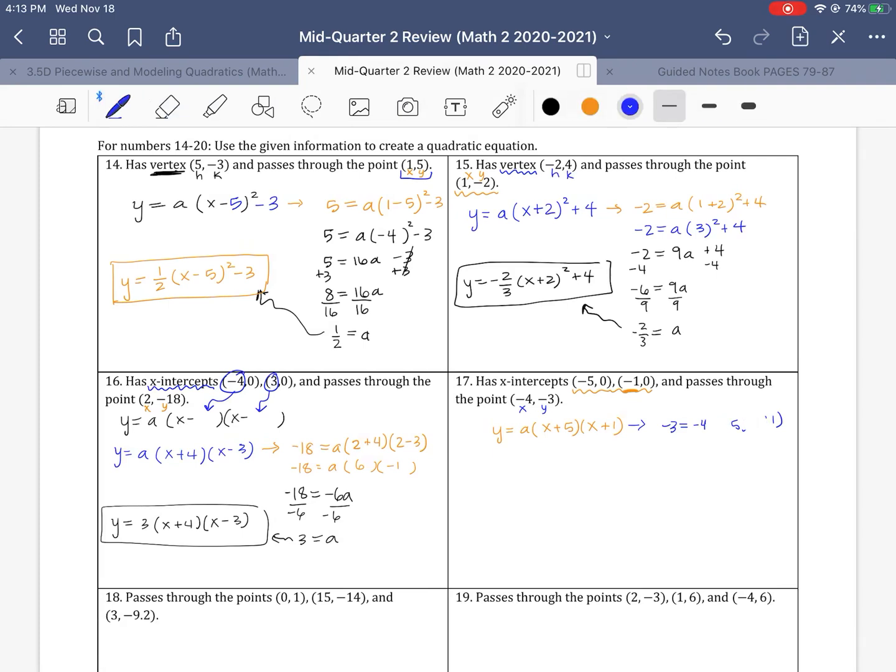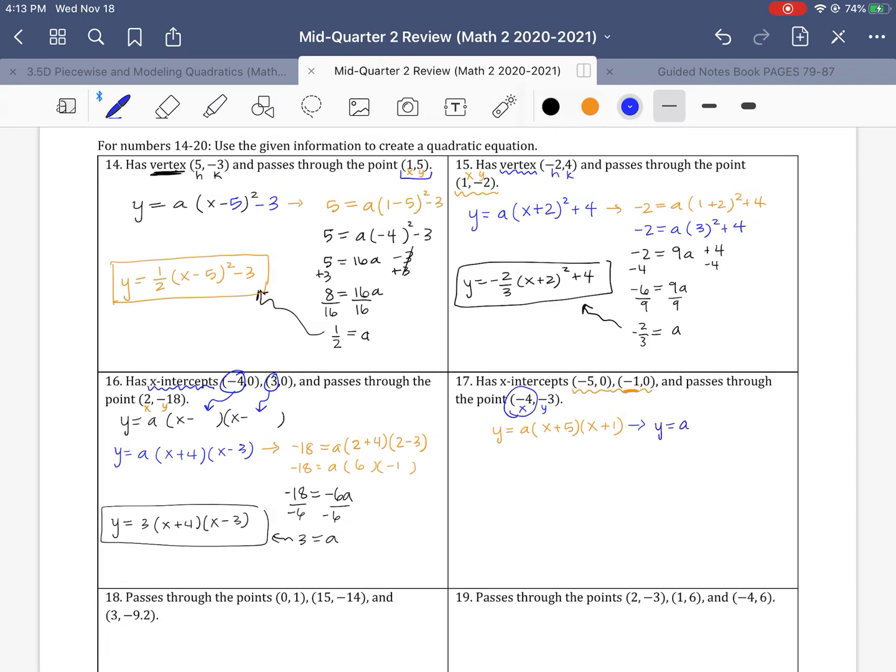Guess I'll just rewrite that. That negative 4 right there as my x. So negative 4 plus 5 and negative 4 plus 1. So we get negative 3 is equal to negative 4. We work inside the parentheses first. Oh, I'm so sorry. This is not even right. Take it back. Take it way back. Pretend that didn't happen.